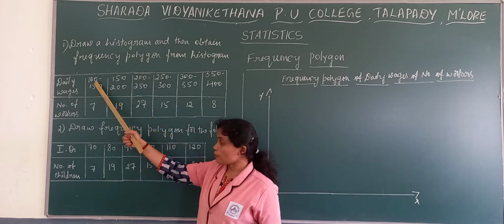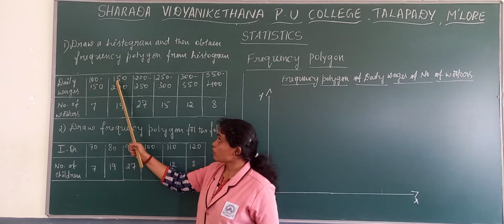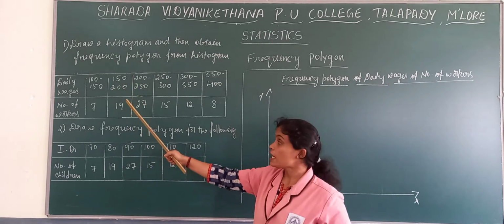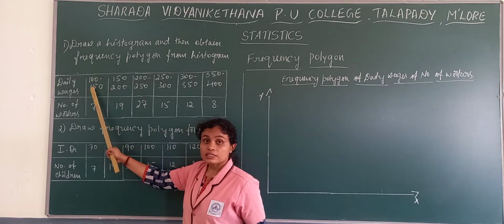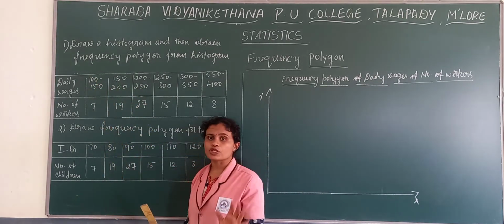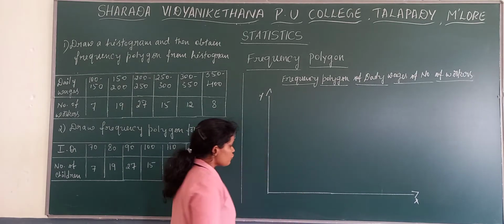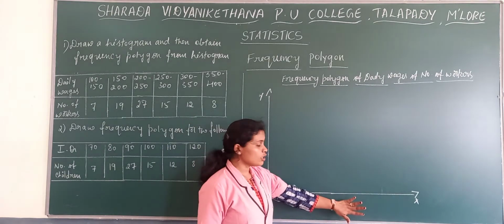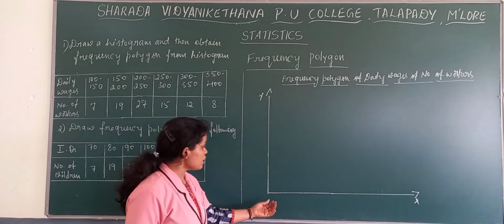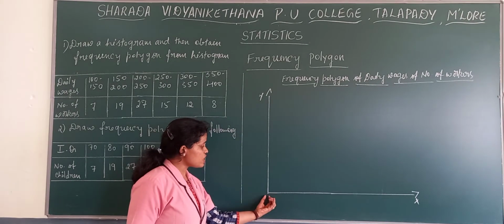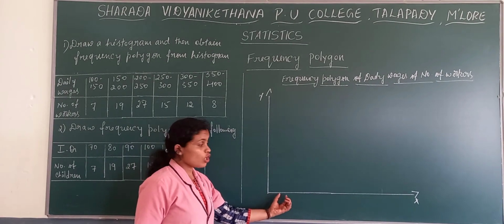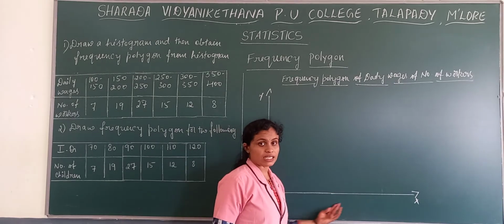Here it starts from 100 to 150, 150 to 200. What is the gap? The gap between the lower limit and upper limit is 50. So how to start here? If we start 100, 150, 200, 250, the difference between 0 and the first value will not be equal to that between the class intervals.